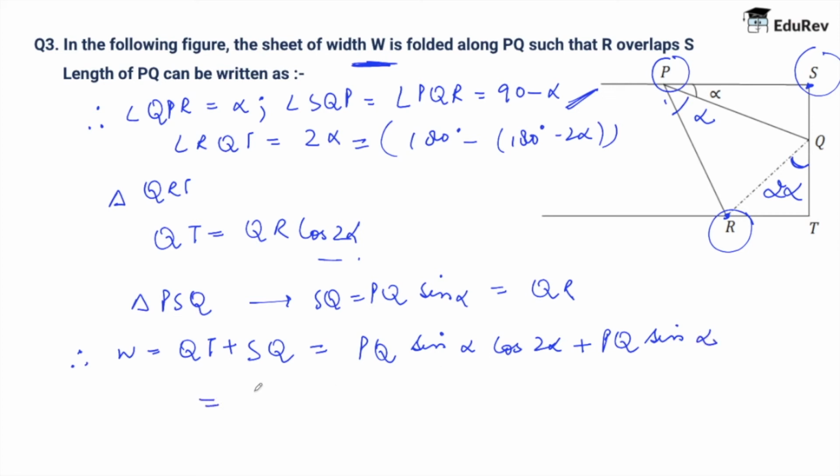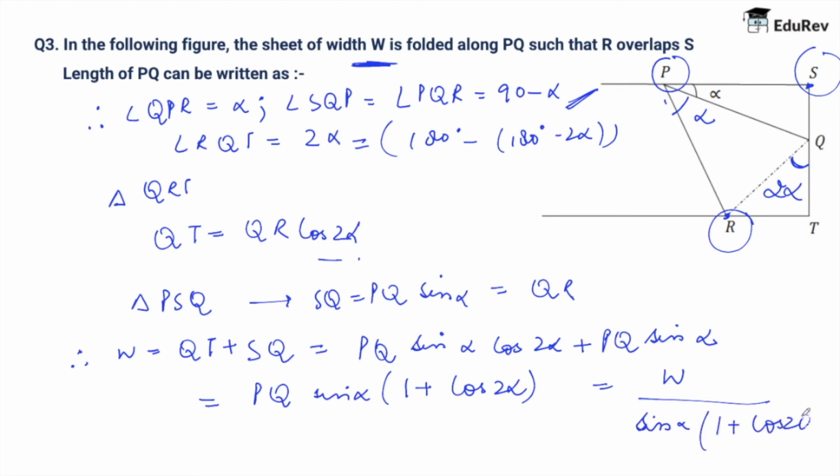And this will be equal to PQ sine alpha (1 plus cos 2 alpha). Therefore, PQ will be W upon sine alpha (1 plus cos 2 alpha), correct? So this is going to be the length of PQ, and it will be written in this form. I hope you understood this. Now let's move on to the next question.